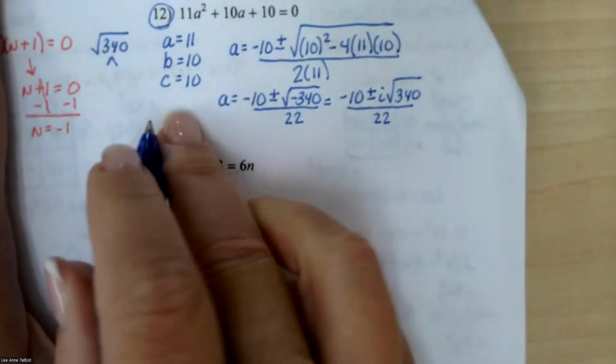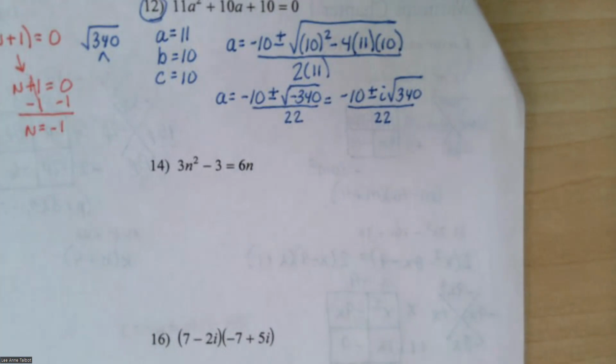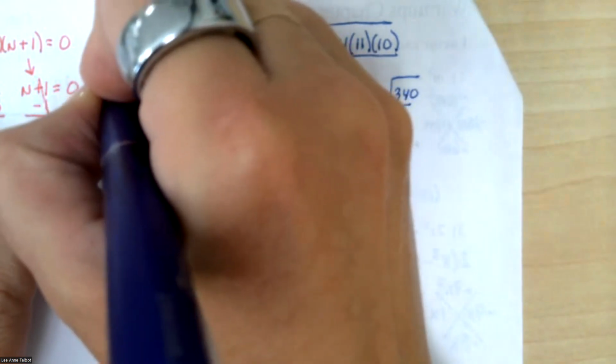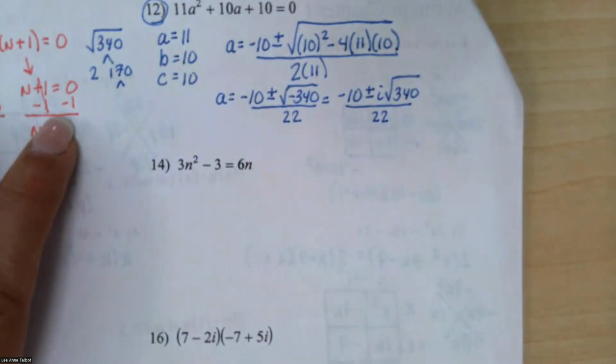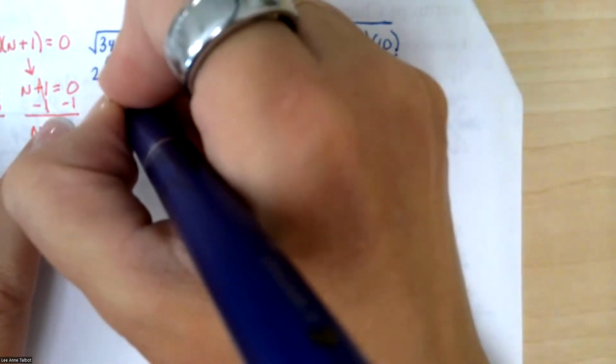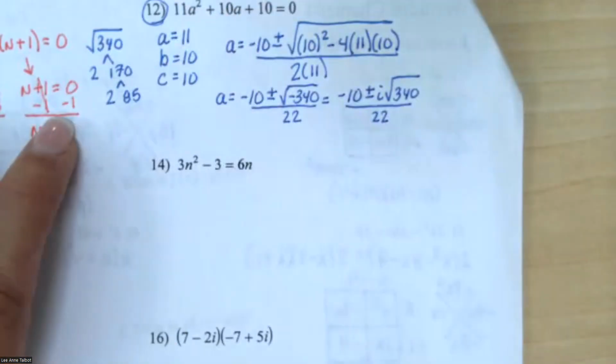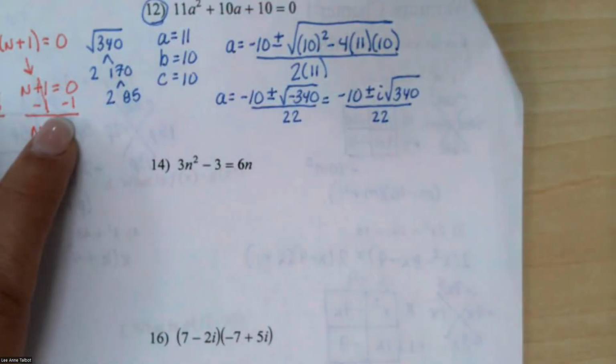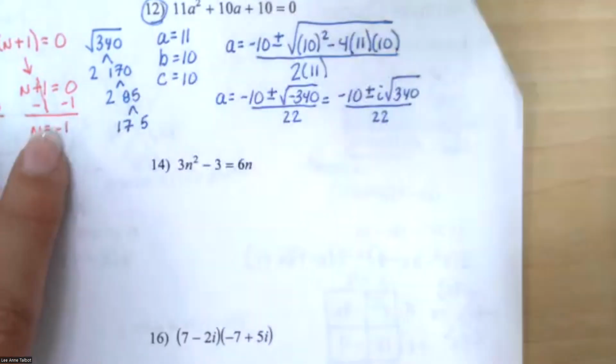And I'm going to simplify the square root of 340, just like we did on the other warm-up. So 340 divided by 2 is 170. Divided by 2 is 85, which is 17 and 5.